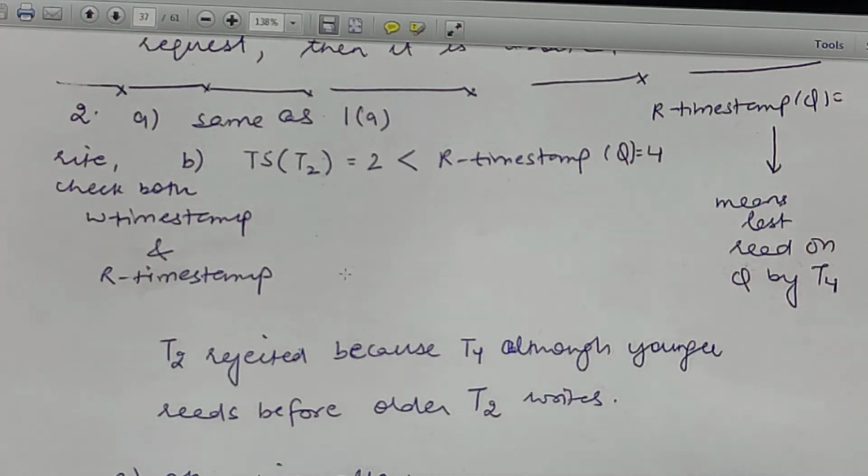So we can say that although the timestamp ordering protocol, where we assign timestamps to the transactions as well as to the data items, is free from deadlock and ensures serializability, it suffers from the problem of starvation.